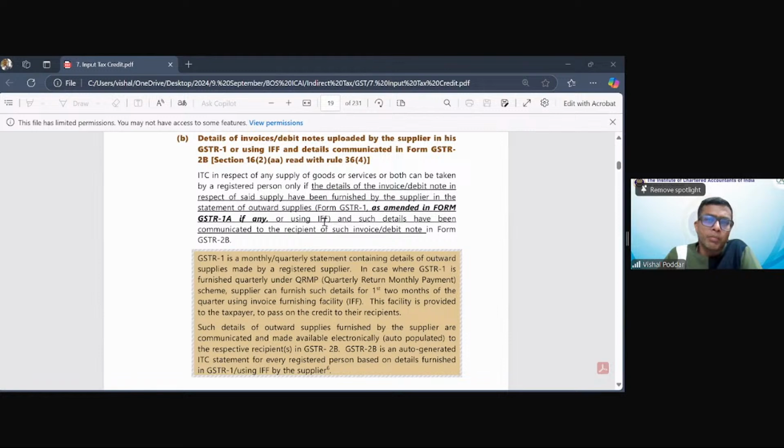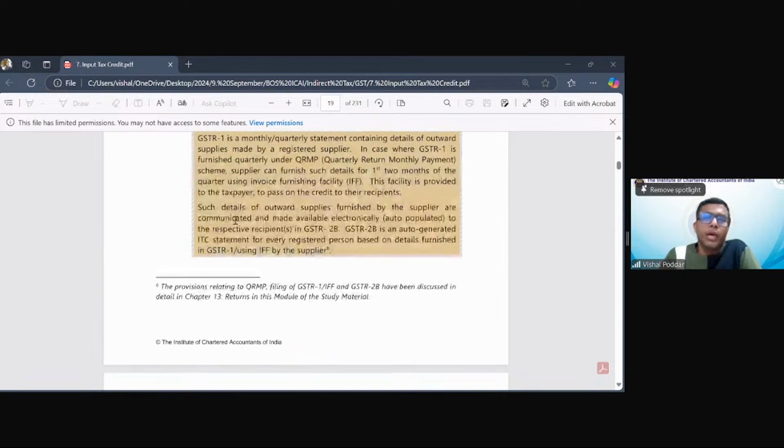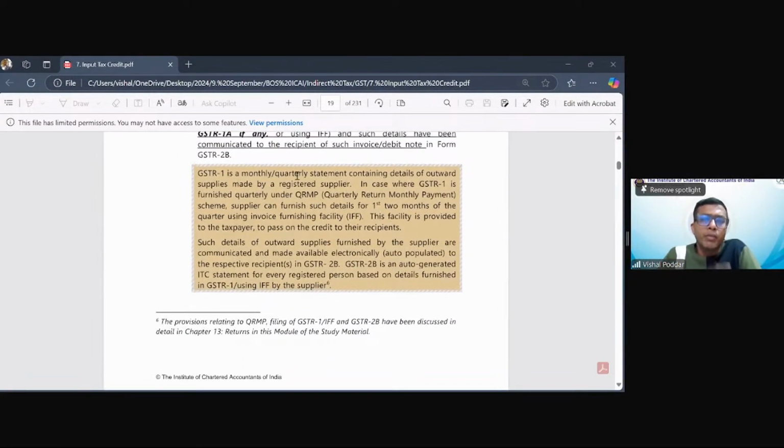These are different ways how a supplier uploads his outward supplies, and such details have been communicated to the recipient. So once he uploads, it will be communicated to me. How? In my GSTR 2B. So I will get these details in my GSTR 2B on the basis of the GSTR 1 filed by the supplier.